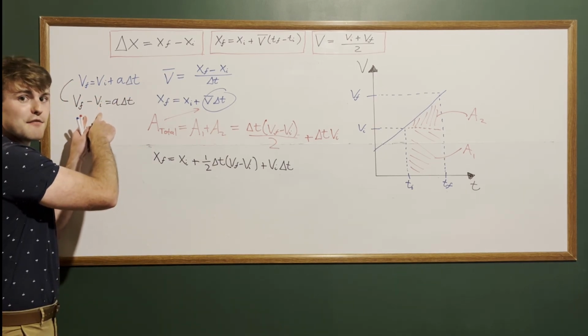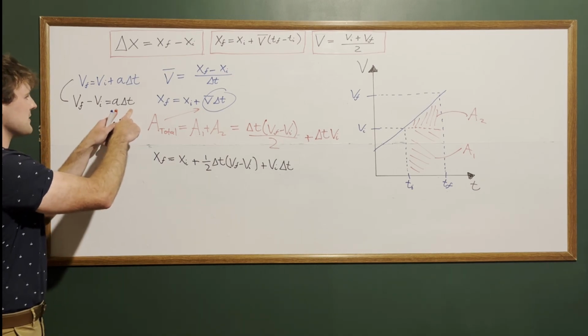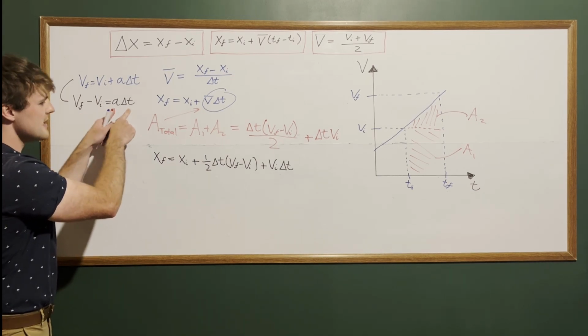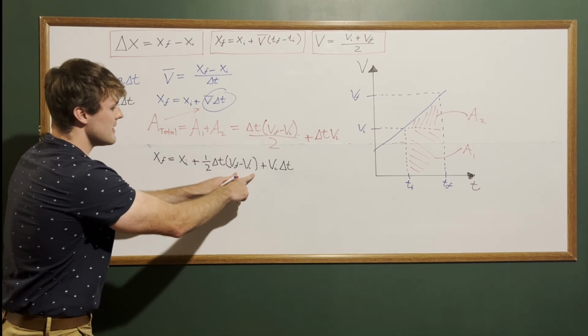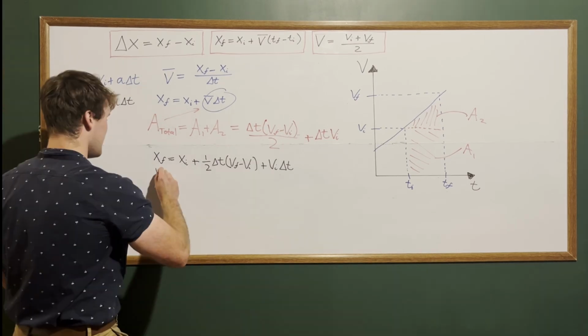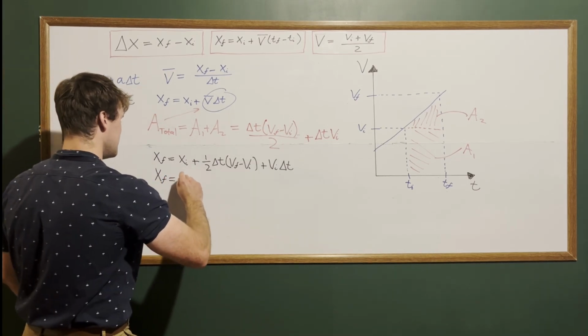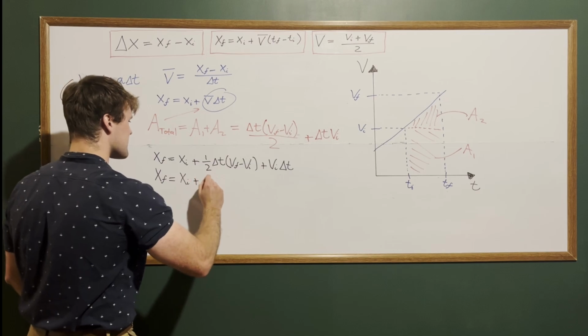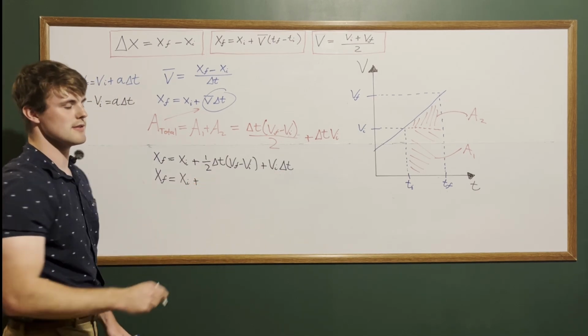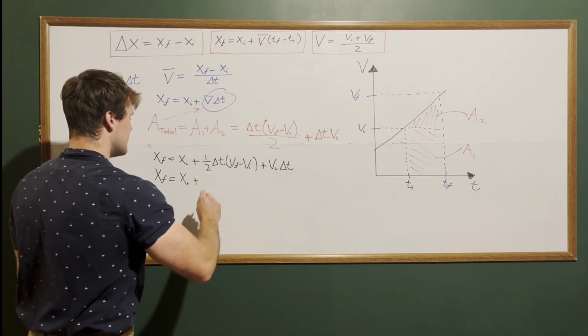And this vf minus vi is equal to a delta t. So we can just say a delta t is equal to this and plug it in and see what happens. xf, our final displacement, equals our initial displacement plus, I'm going to move this first because that makes more sense to me.